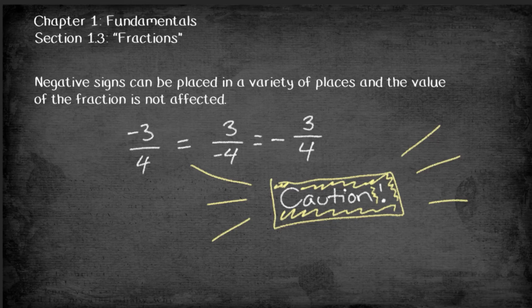The negative sign, in negative 3 over 4 for example, can go to either the numerator or the denominator. You can rewrite it that way, but not both. So under no circumstances should you say something like negative 3 over 4 is negative 3 over negative 4. Never, ever, ever do this.